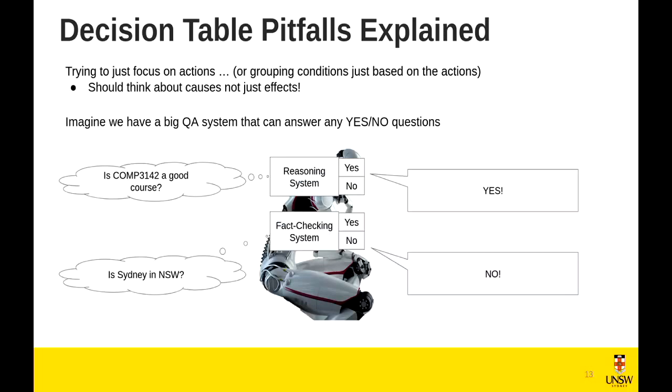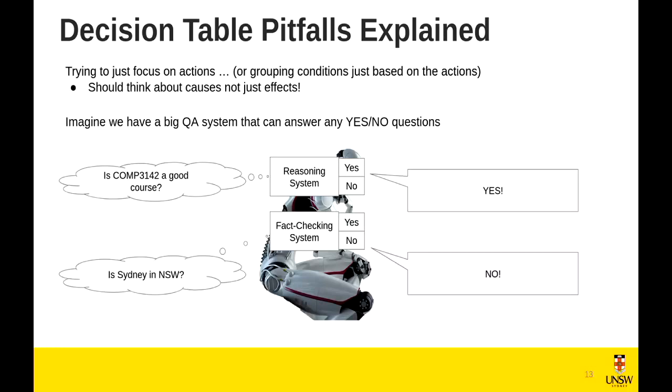The second one is just checking some facts. Internally, the first question goes to the reasoning system and generates a yes. Let's imagine the system has such a fact-checking subsystem, so the second one goes to the fact-checking system and also generates yes.